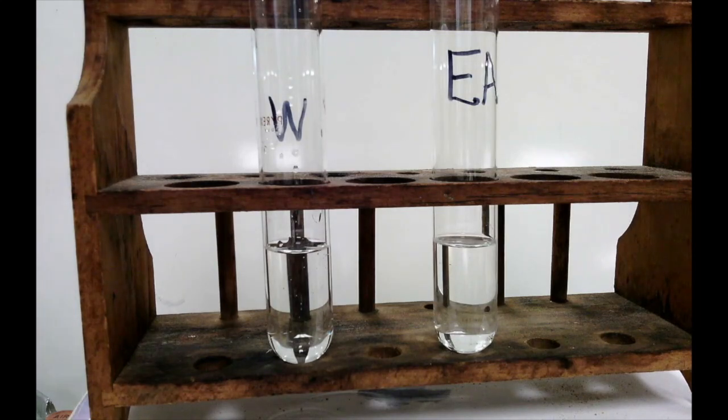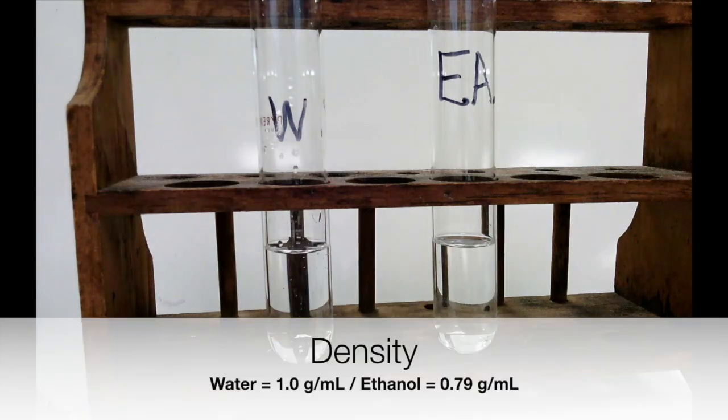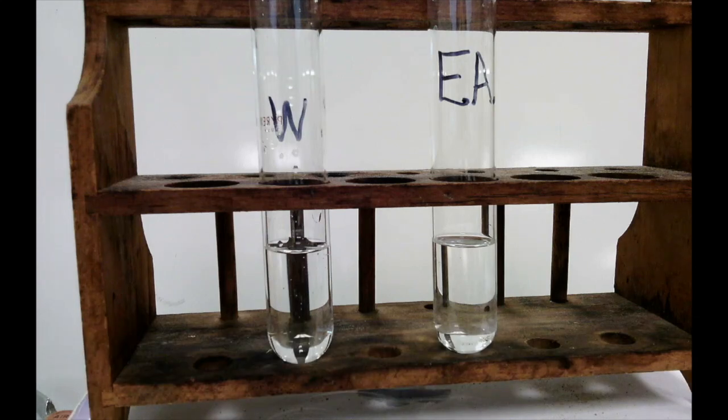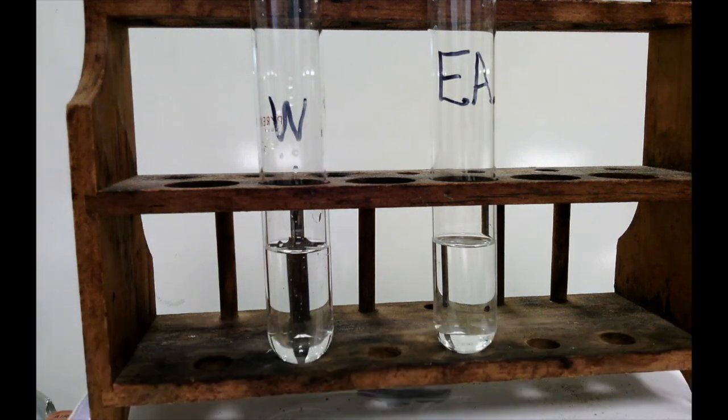Our next property is density, where the density of water is 1.0 grams per milliliter, and the density of ethyl alcohol is 0.79 grams per milliliter. Then we have melting point. The melting point of water is just 0 degrees Celsius, while the melting point of ethyl alcohol is negative 114 degrees Celsius.